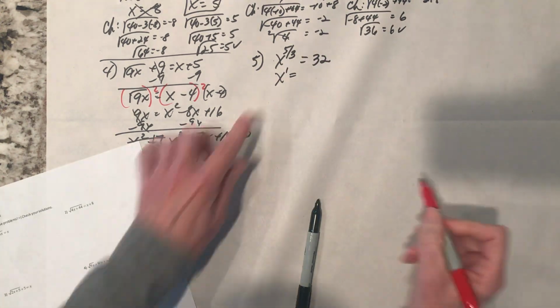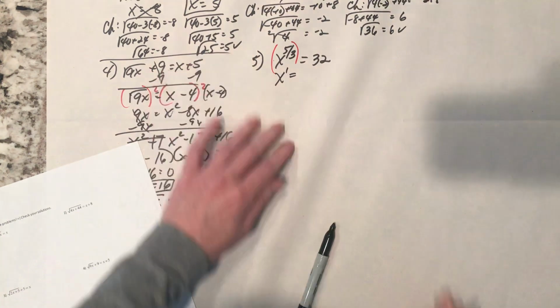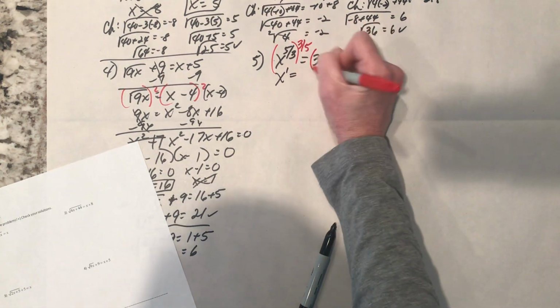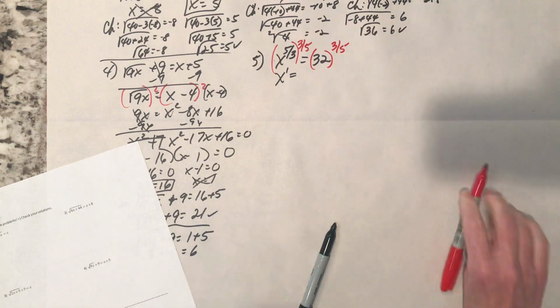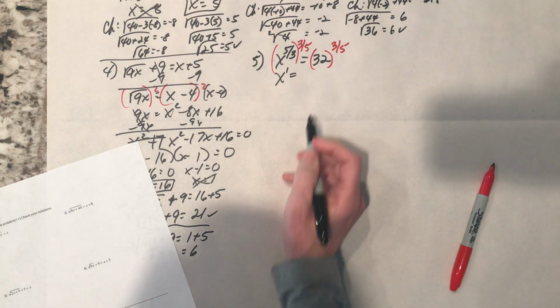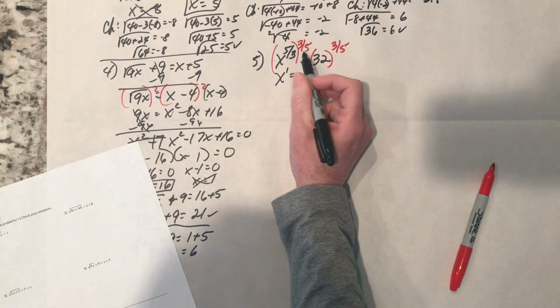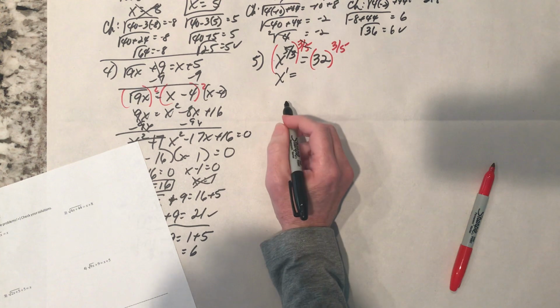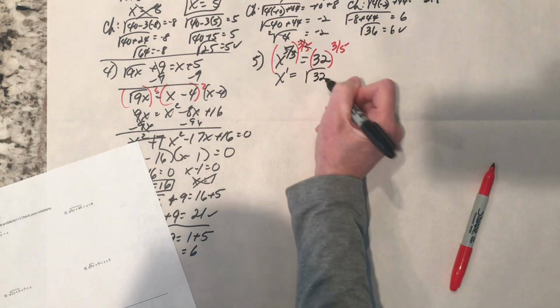We're going to have to make that 5/3 be a 1. Multiply times its reciprocal, so times 3/5. We'll do the same thing on both sides. Whatever you do on one side, you have to do to both sides. So 5/3 times 3/5, you can check your calculator, or the 5's cancel, the 3's cancel, and we get a 1. Over here, put 32 in there.